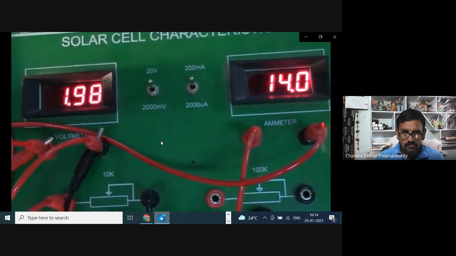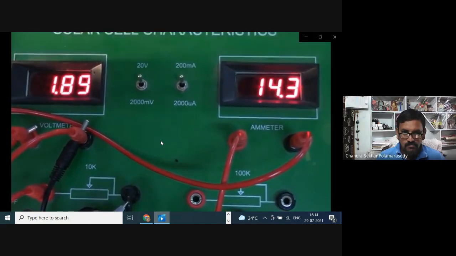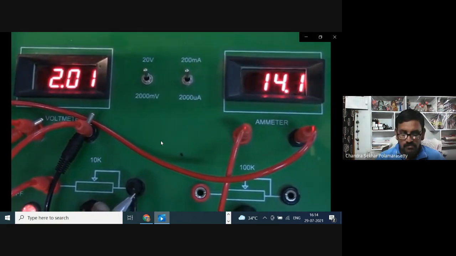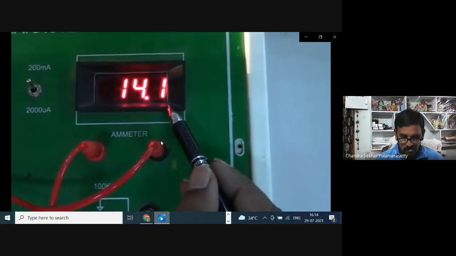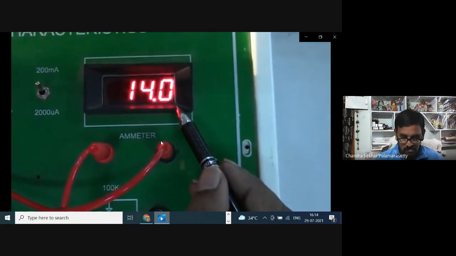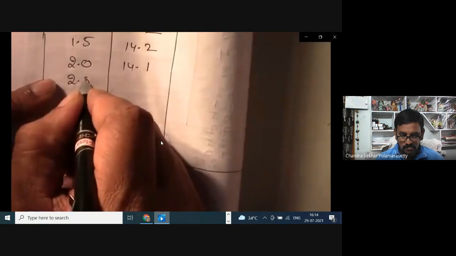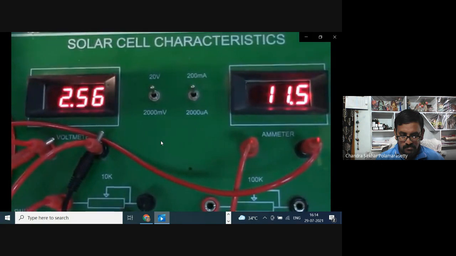This is the maximum current flowing in the circuit, because we offered minimum resistance to the circuit. So now note down here voltage 0 volts. At 0 volts, what is the current? 14.2 milliamperes. No need to write milliamperes for every current value. Here I kept milliamperes, which means all the current values are in milliamperes.